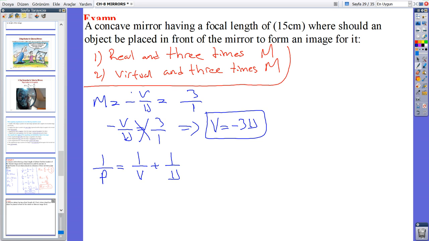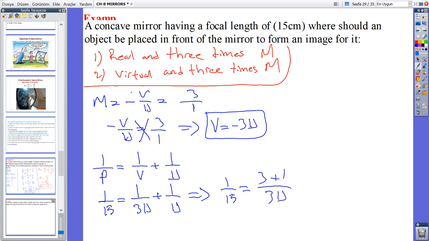The focal length gives 1 over 15 equals, we know v equals 3u, 1 over 3u plus 1 over u.